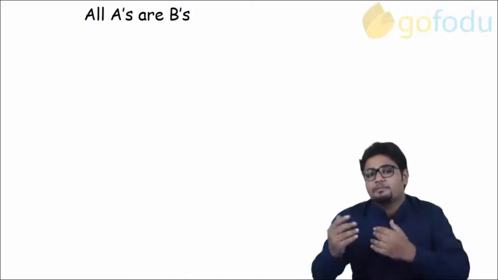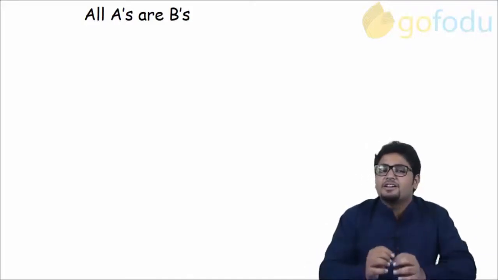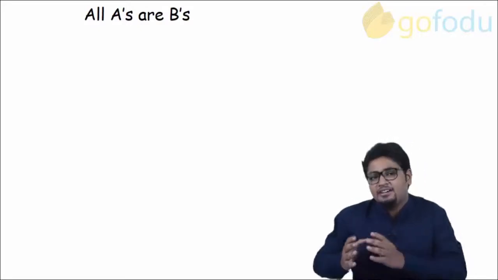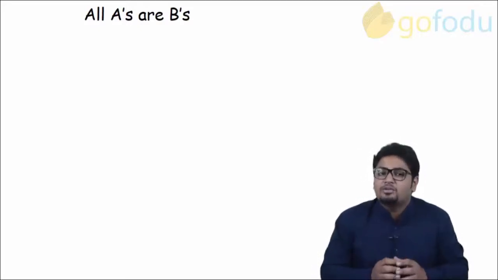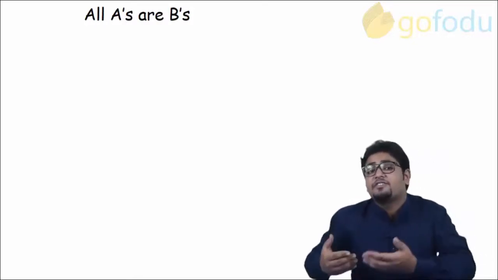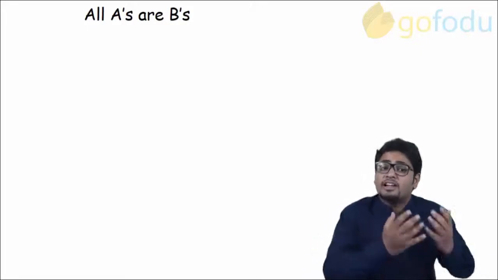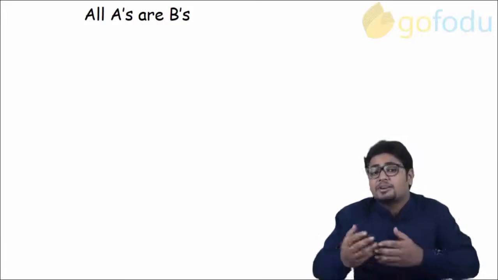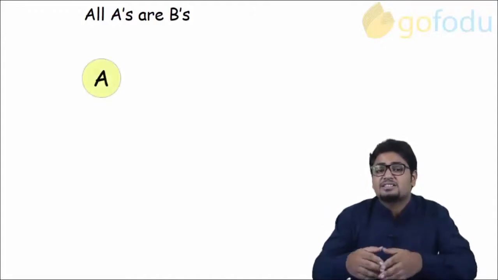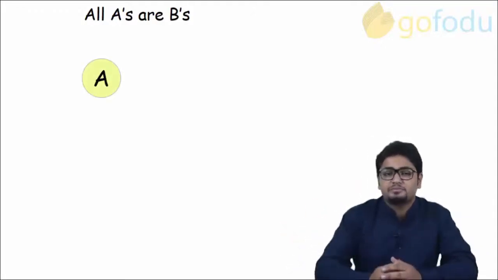All A's are B's. Here we have taken the two terms involved in the premise as A and B. So now this statement is telling us that all A's are definitely B's. All the elements present in A are present in B as well. So we represent A in a circle like this.